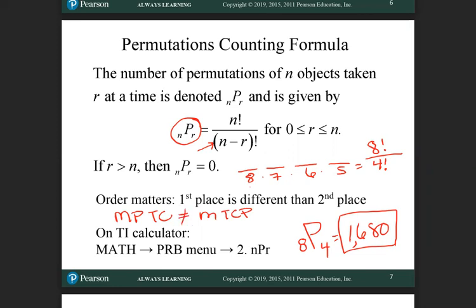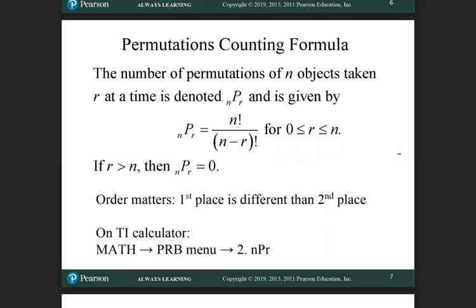Earning first place is different than earning second place. Earning the title of president is different than earning the title of vice president. So the order matters for a permutation. If I switch 2 of these letters in my answer, it would give me a different answer. That's what makes it a permutation.